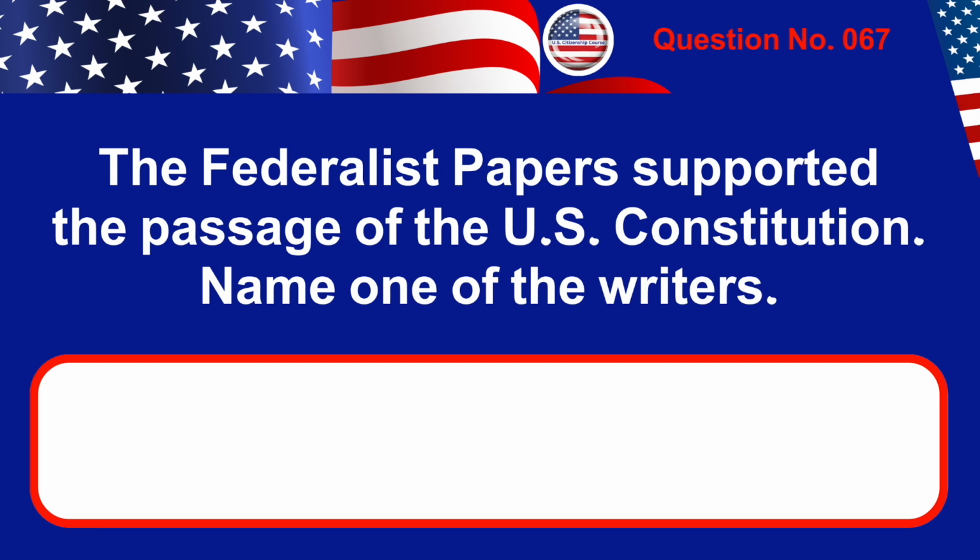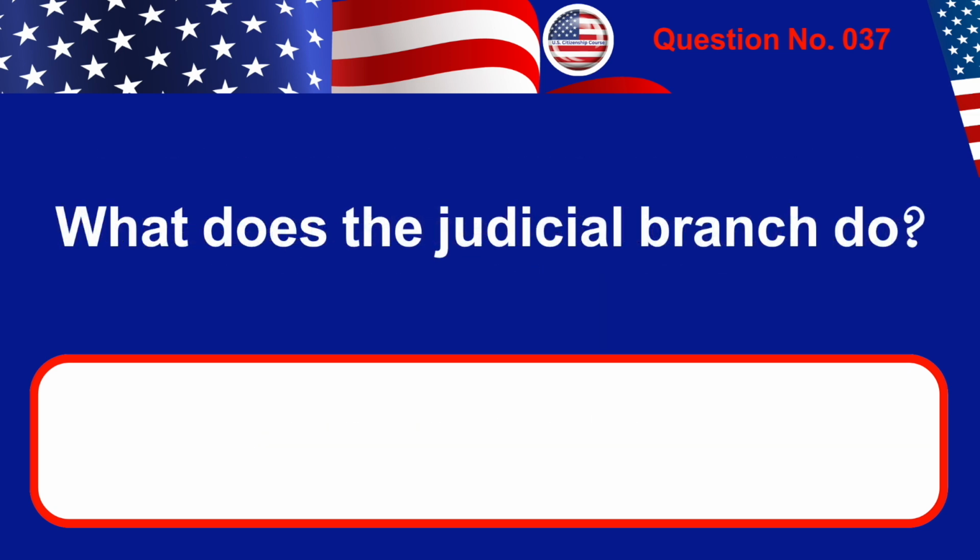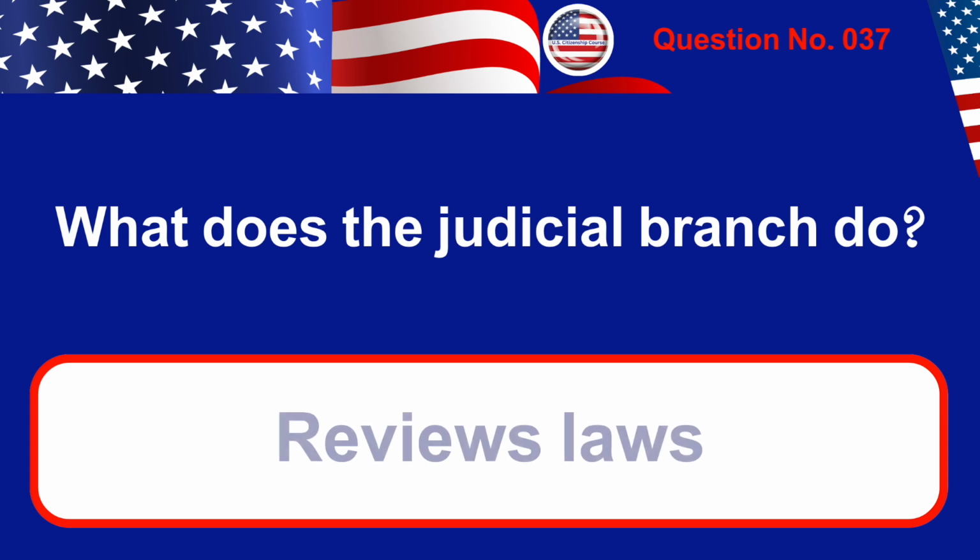Name one of the writers. James Madison. What does the judicial branch do? Reviews laws.